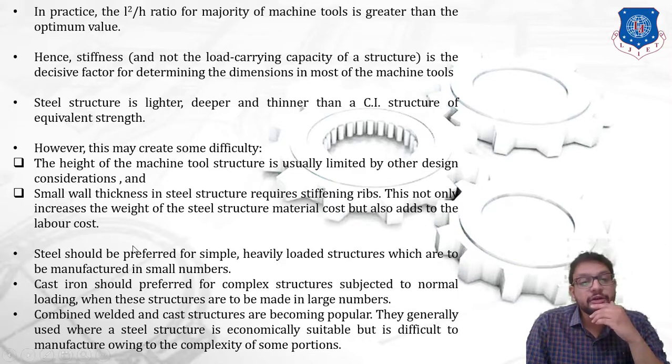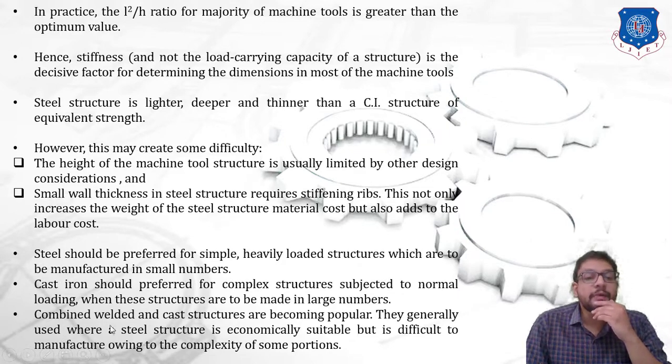Whereas cast iron should be preferred for complex structures subjected to normal loading, where these structures are made in large quantity. Then cast iron is much more preferred.